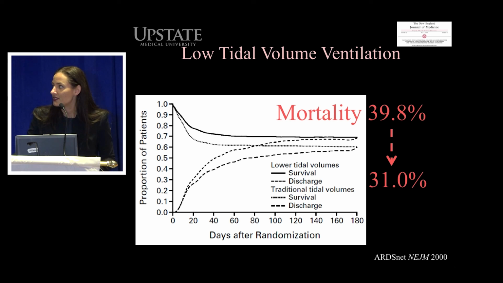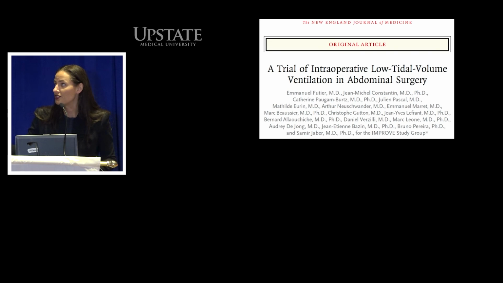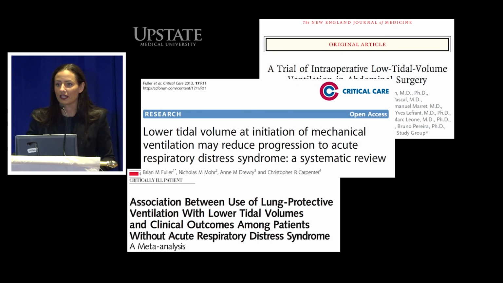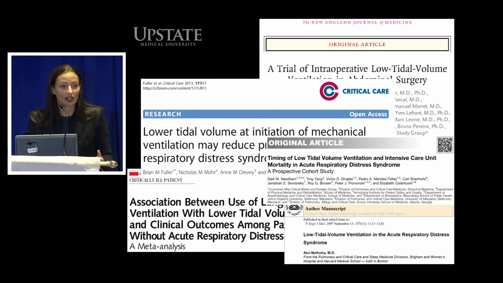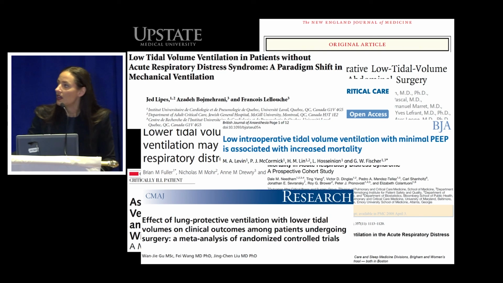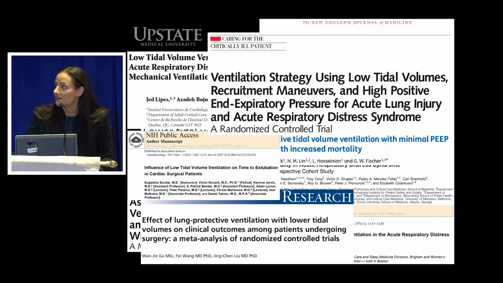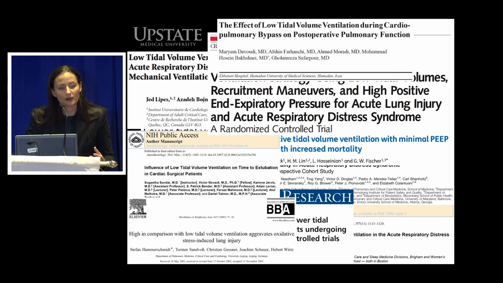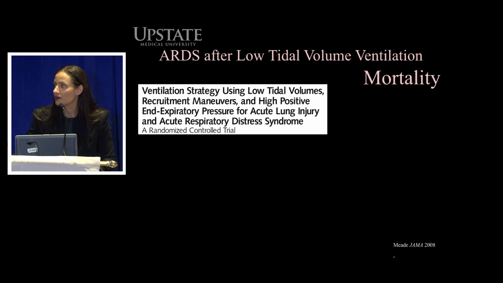So it's not surprising that this was not only an exciting trial, but it launched multiple trials looking at low tidal volume ventilation, looking at ventilation in general and how we're setting our mechanical ventilation. And in fact, if we look back to the original graph that we showed, showing that the majority of our interest in VILI came after 2000, it very well could have been propagated by this study.